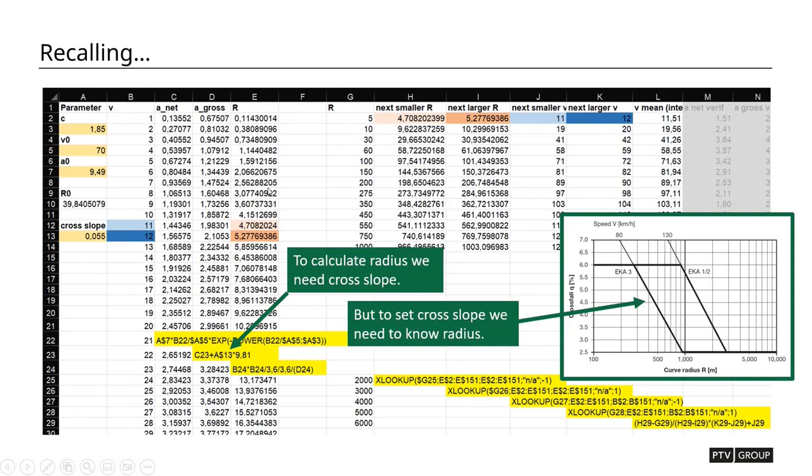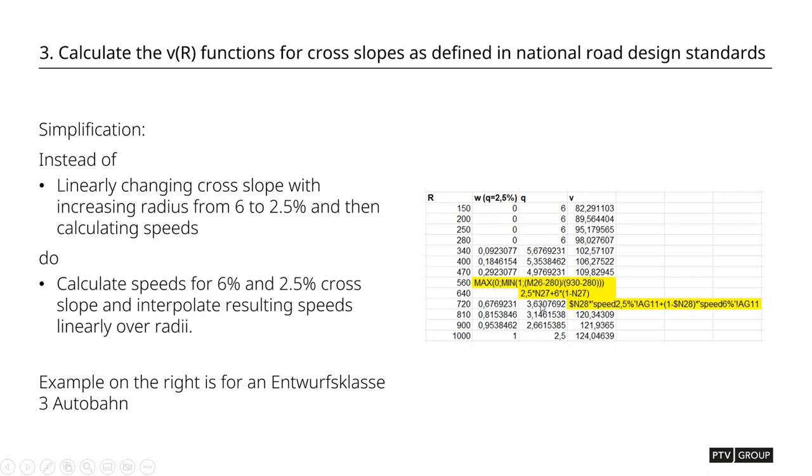And here I did another simplification because, I mean, of course, you can do that strictly mathematically. It's possible. But to be able to stick with Excel, I did a simplification. Instead of linearly changing cross slope with increasing radius from 6 to 2.5%, I first once calculated the speeds for cross slope of 6%, then I calculated speeds for a cross slope of 2.5%.